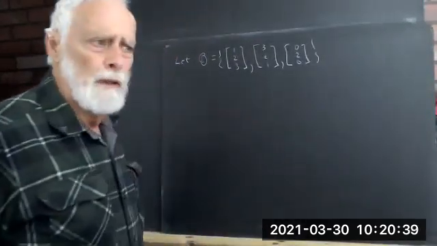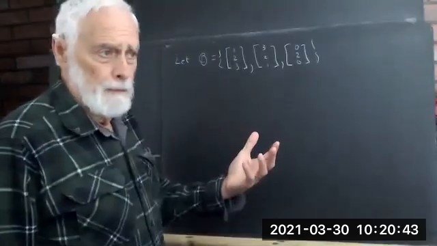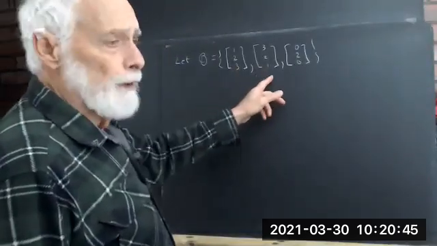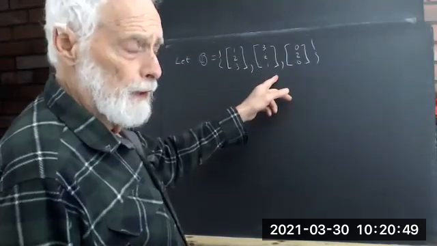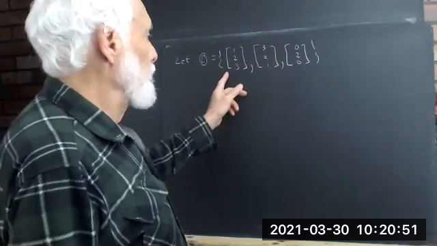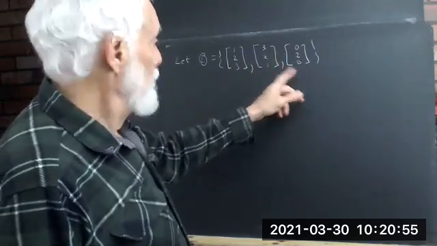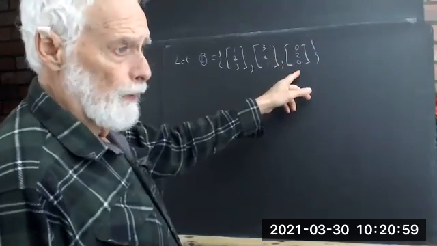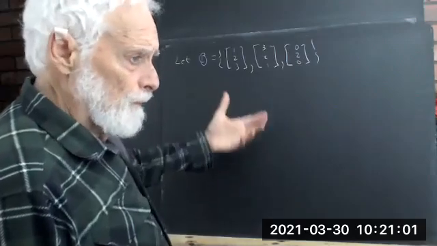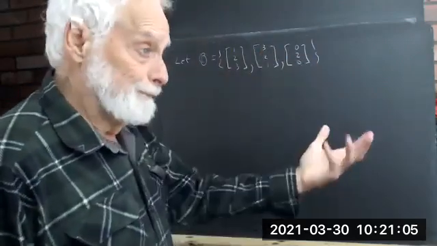Now, just to be sure that this forms a basis, let's do the dot products. If the dot product of this and this is not 0, then these 2 are not orthogonal. If this dot product is non-zero, these 2 aren't orthogonal. Well, it's very simple. All these dot products are positive. None of them are 0.